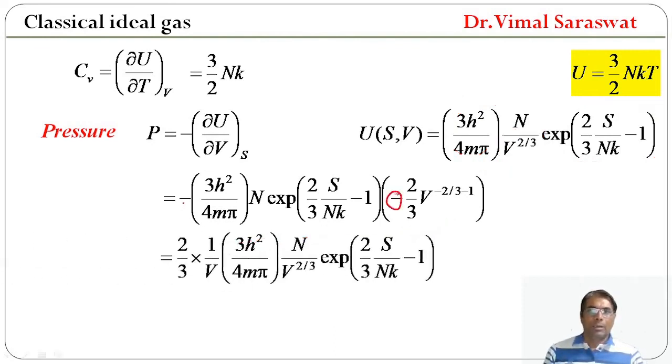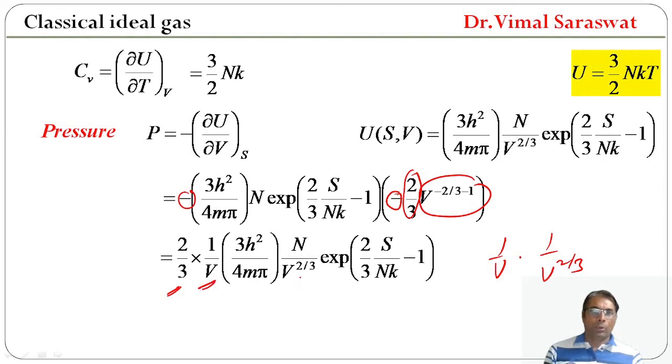This negative and this negative will be cancelled out. This 2/3 is written here, and this is 1/V into 1/V^(2/3).